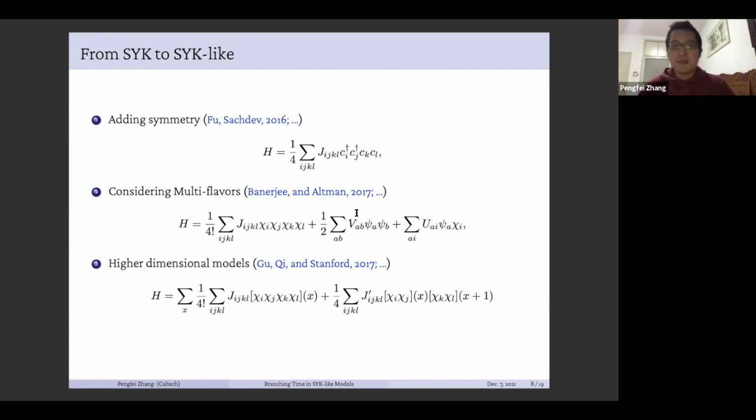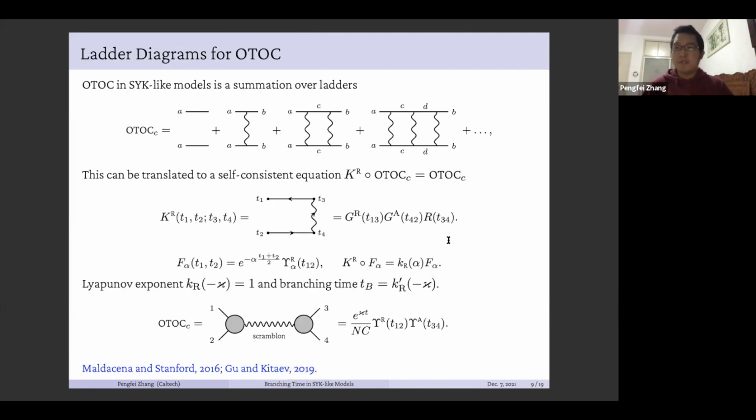This a can be the label for chi fermion or psi fermion in the second case, or this a can be just the site index x. In all these examples, there is also a symmetry where if we have two a particles coming into the system, they will be scattered only into a pair of c particles or a pair of b particles. So there is a kind of pair flavor conservation symmetry for this type of diagrams. We use this type of diagrams to define so-called fermionic SYK-like models.